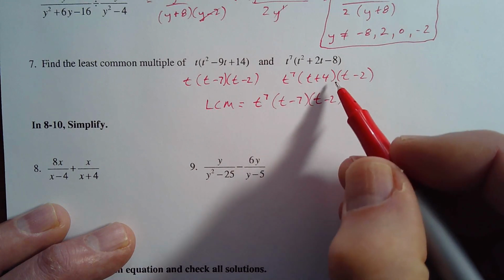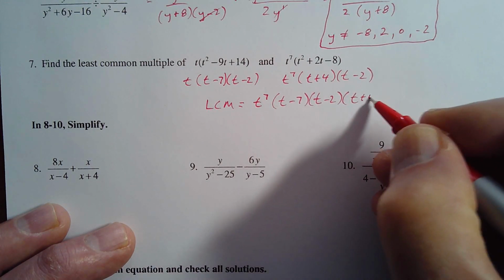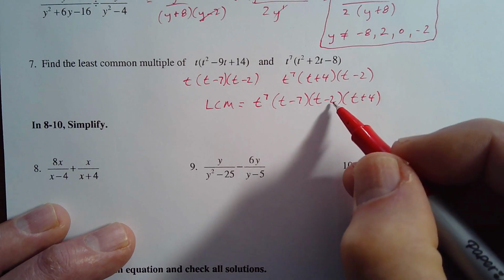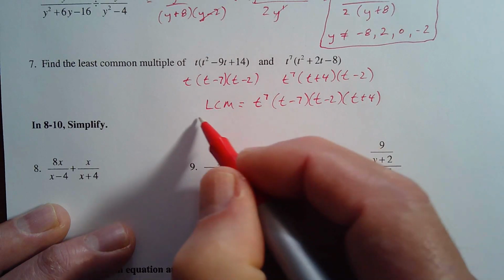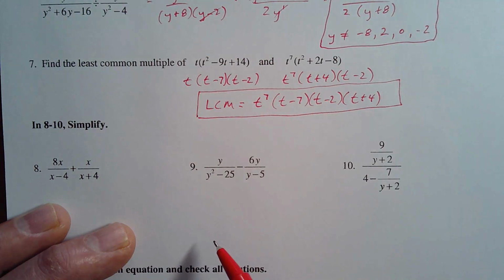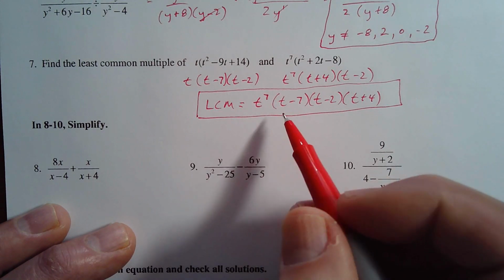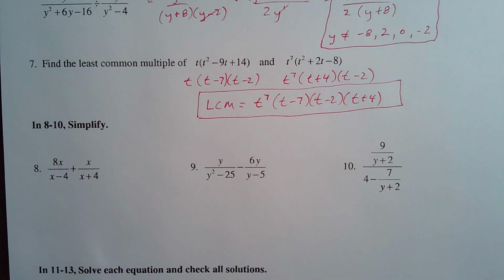Now I need to have a t plus 4 in here. The t minus 2 I've already got from the previous one, and the t to the 7th. So there's my LCM. It's just like a least common denominator, only without a fraction. So I got 3 binomials plus the t to the 7th for that one.